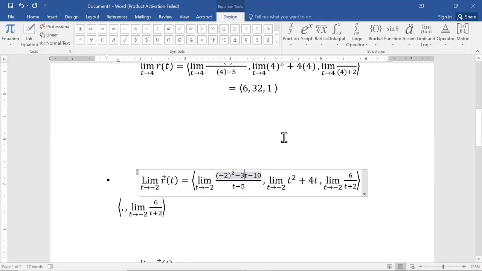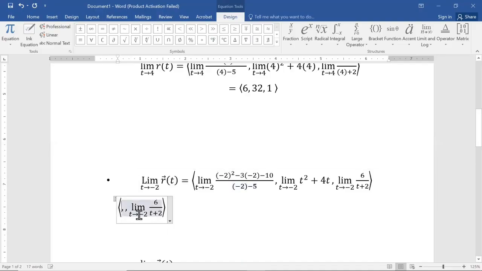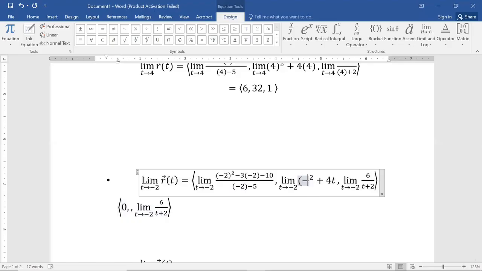My notation is not perfect on this, but if I eliminate the limit just by plugging this in, I basically get 0 over -7, which gives me a 0 in the x component. If I plug in -2 here, again, make sure you plug it in inside of parentheses.